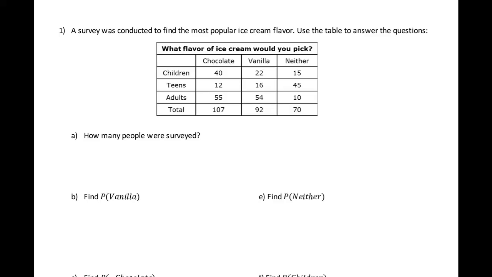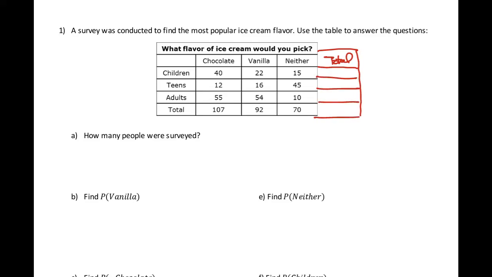Is anything missing from this table? Total, yes. If you look in the last column, that's neither. But guess what? We need a total over here in the last column. So we need to add that up.